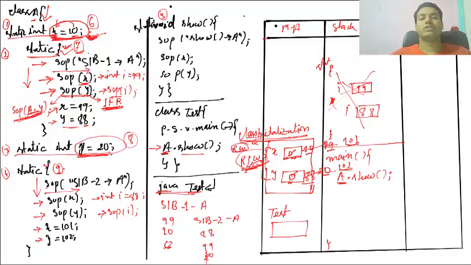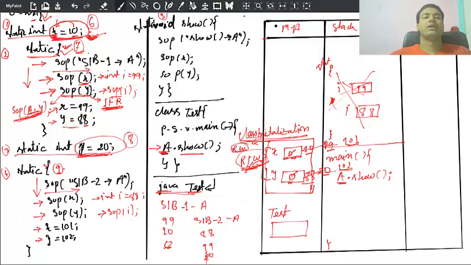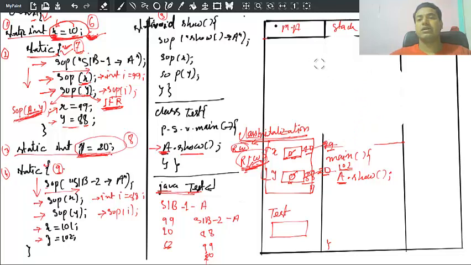Once this complete second run is also completed, then the class loading is over. Now JVM will come here and it is A.show. Now it calls the show method. When it calls the show method, the stack frame which was there got destroyed. All these are destroyed, nothing is there in that.